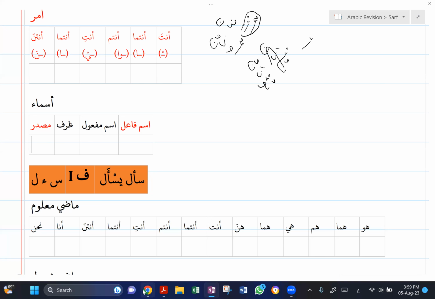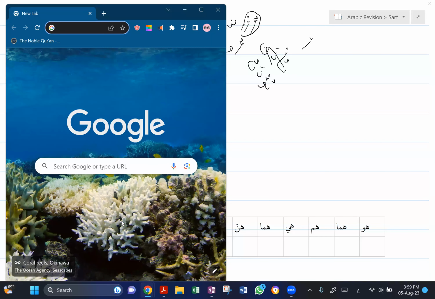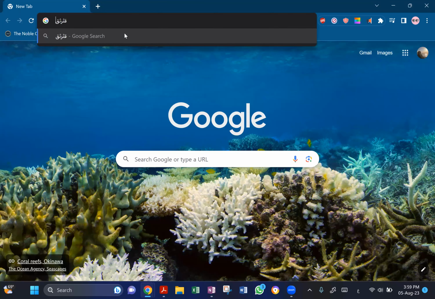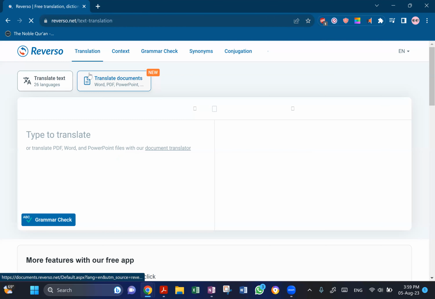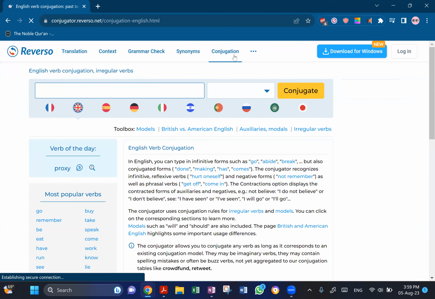Let me just open the browser. We are looking at, so we'll go to Reverso. Any conjugation type of software, sarfifying type of software or app would do.